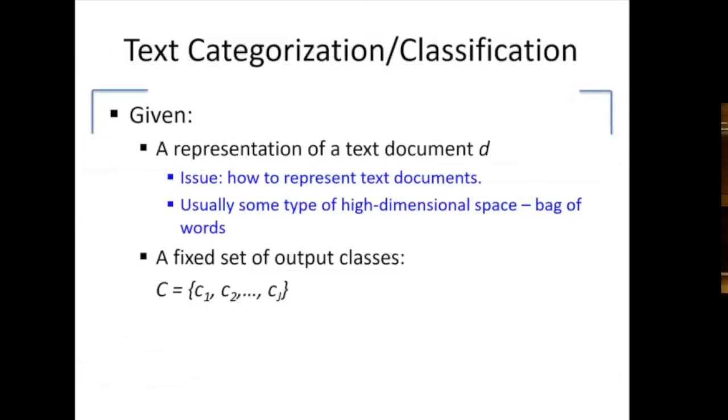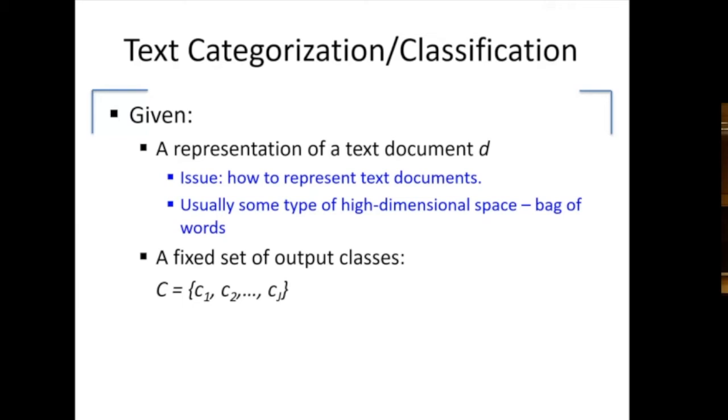Okay, so the first question is, how do you even represent it? Your text articles are input as just a string of words, and you don't know its length, right? Because among different news articles, some are shorter, some are longer. How do you represent it?